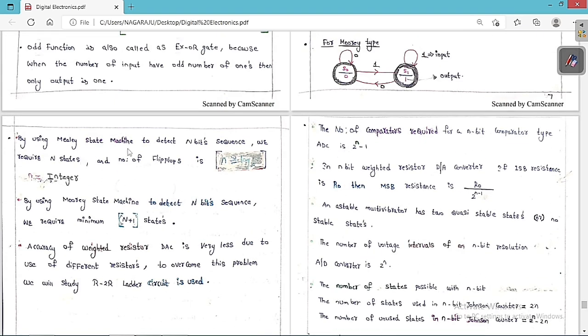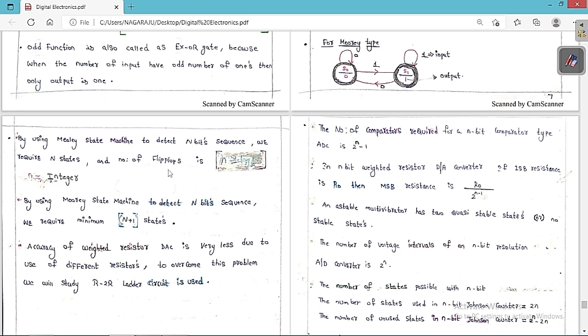So by using a Moore state machine to detect the N-bit sequence, we require N states, and the number of flip-flops is always n. I have already told you this important point: n is greater than or equal to log N with base 2, where n is always an integer because flip-flops are purely numbers.